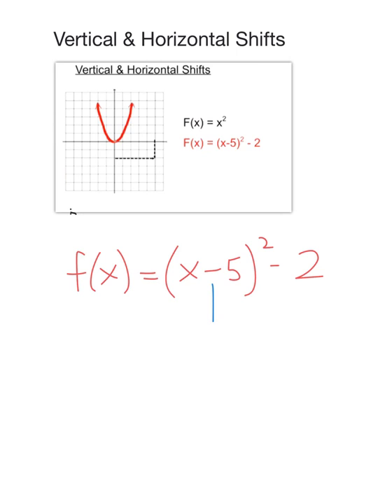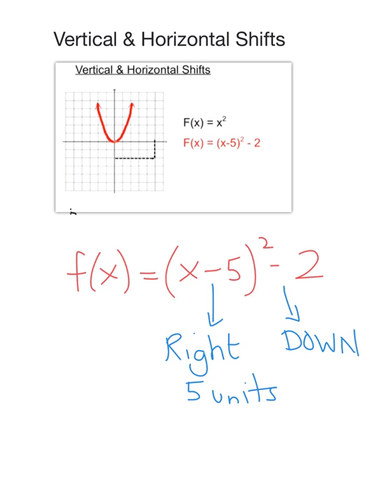The minus sign means we're going right 5 units. And the other one, the minus 2 over here, means we're going down 2 units.